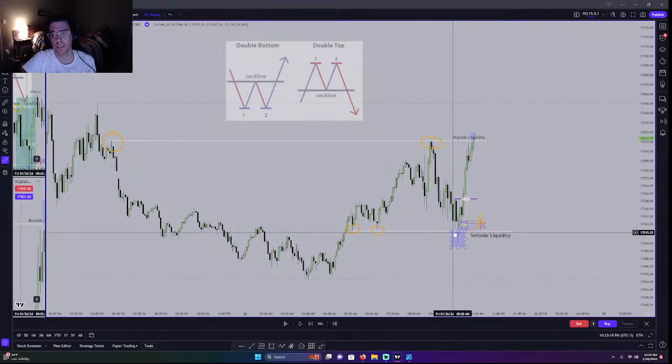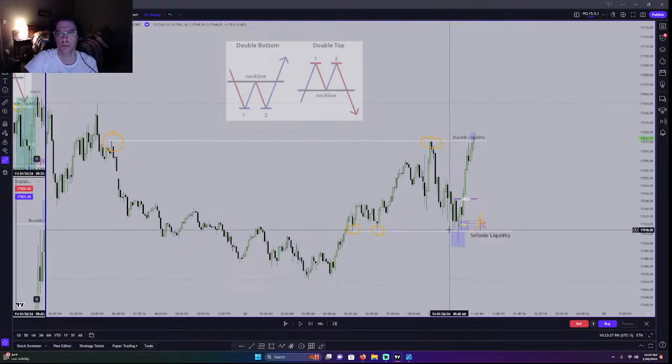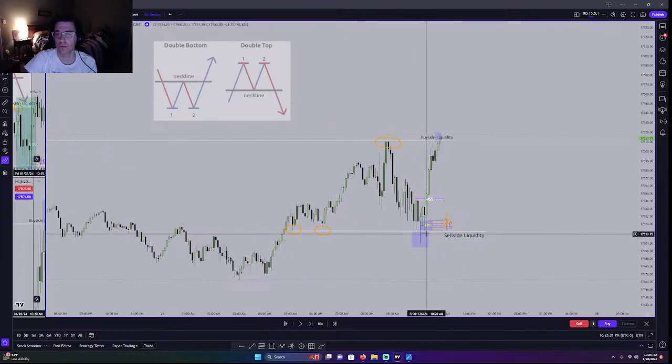When you see sell side being taken out after you see these little double bottoms, as retail would say that's support, you want to start aiming towards that. Are we going to be buying where smart money is going to be buying? Absolutely not.